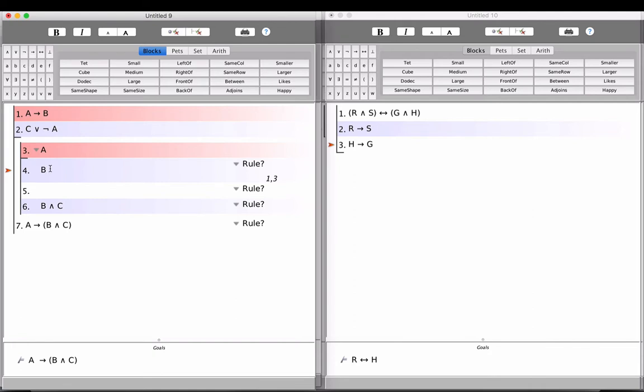Now, what you could have done if you wanted is to work more strategically before working tactically. In other words, you could set up disjunction elimination. So let me show you what I mean by that.